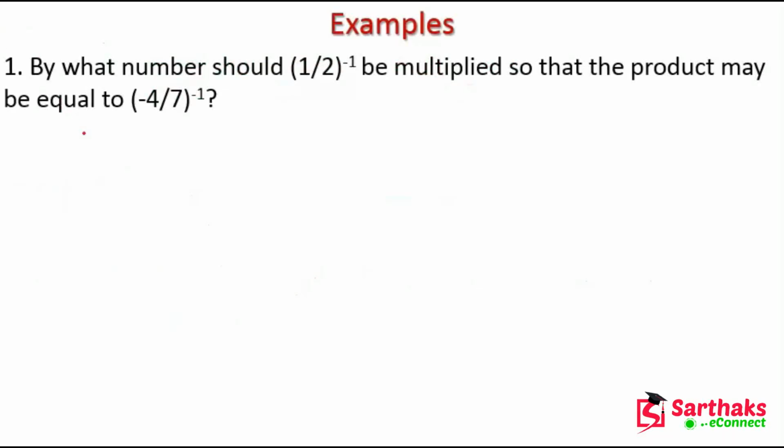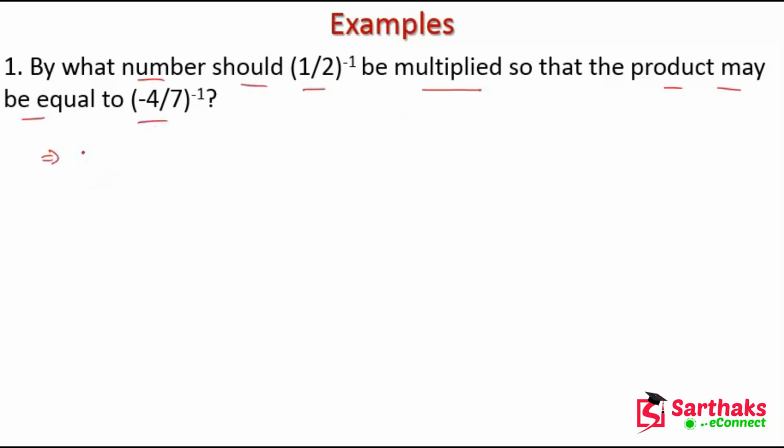Now the first question. By what number should 1 upon 2 raised to power minus 1 be multiplied so that the product may be equal to minus 4 upon 7 raised to power minus 1? It is asking what number should be multiplied so that the product is minus 4 upon 7 raised to power minus 1.